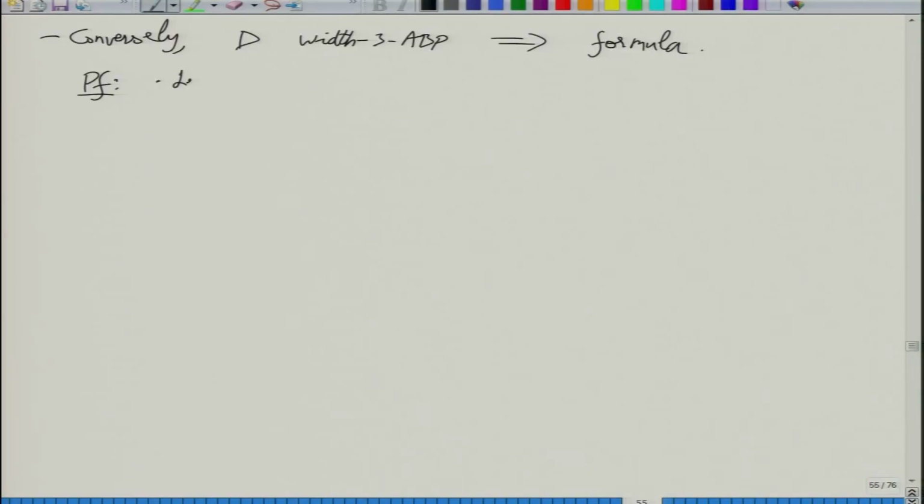So let the matrix product be A1 A2 dot dot AS, a 3 by 3 matrix product.